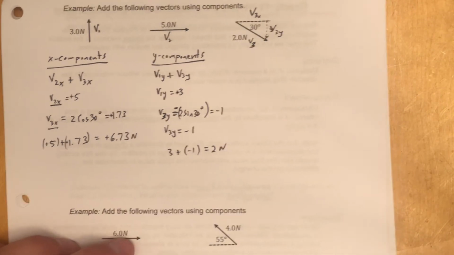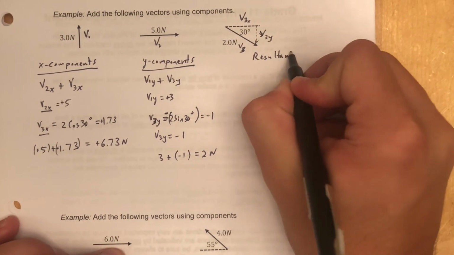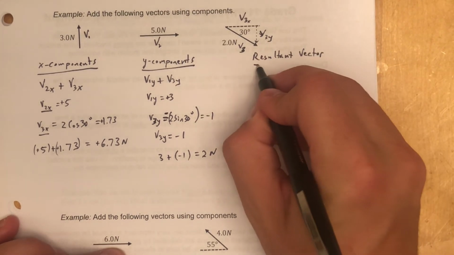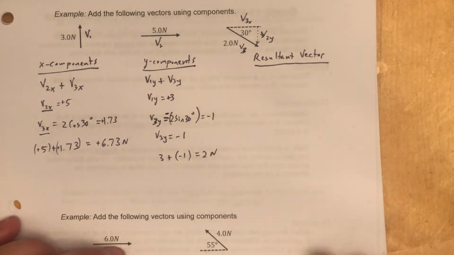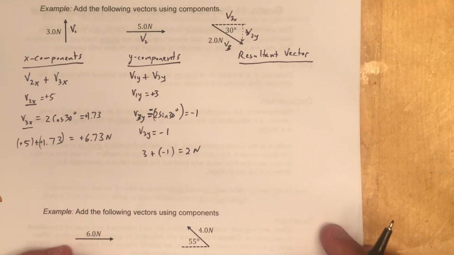So that's our resultant vector, the final one here. Vector addition in physics is a little more complicated than the addition you would normally do, which is fine. It's not complicated, it just takes a little bit of time.